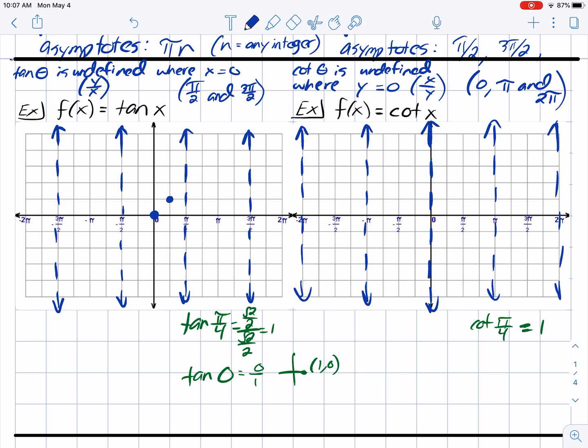And the tangent of negative pi over 4, you're going to be down in quadrant 4 where the x is positive and the y is negative, so it would be negative 1, and your graph would look like this. And if we just continue that, pi, again, would be 0. It would look almost like your cubic graph. And then again, 2 pi, it's at 0. 7 pi over 4 at negative 1. And so on and so forth.